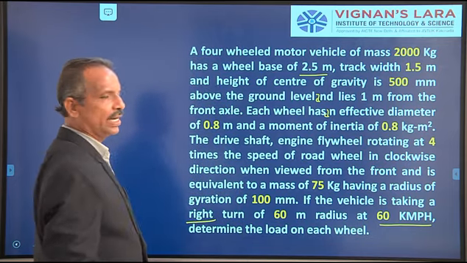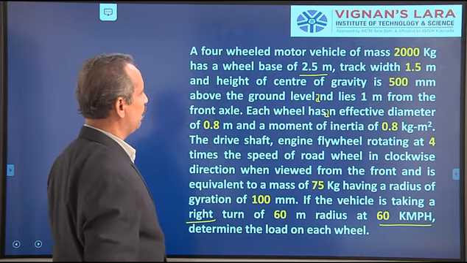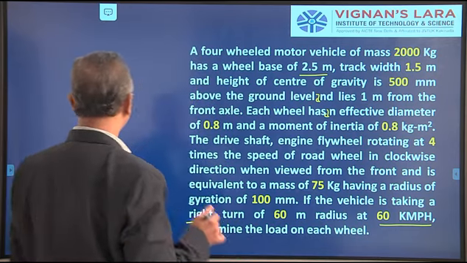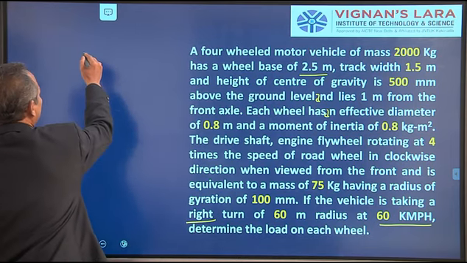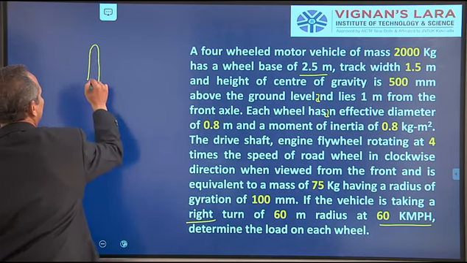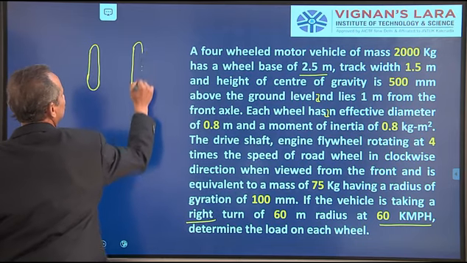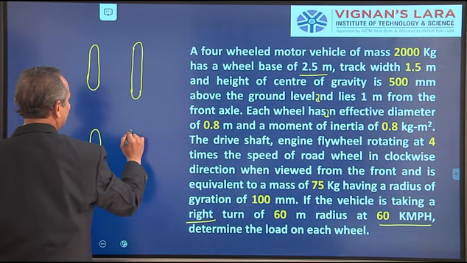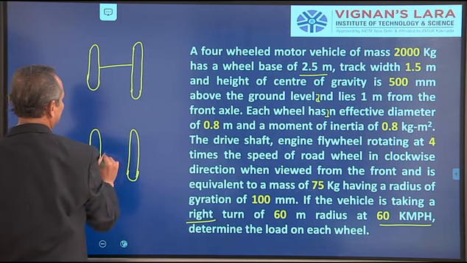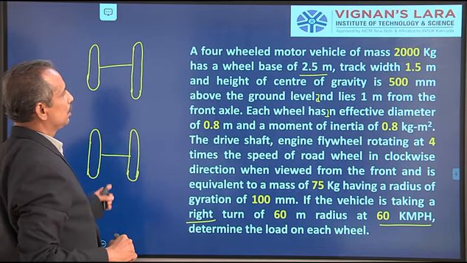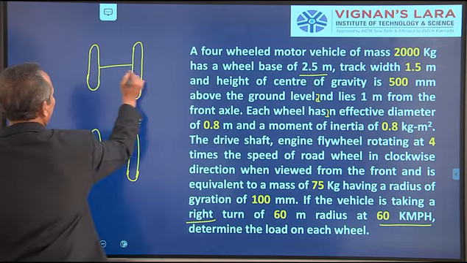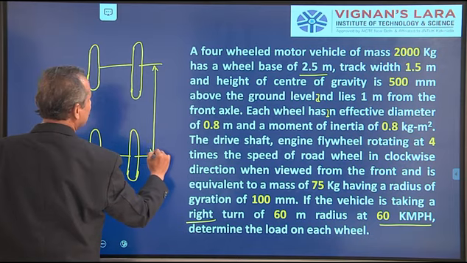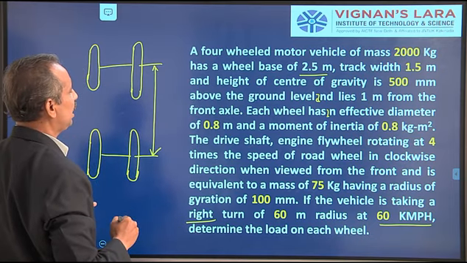So let me once again read the entire problem by stating the basic features. First I will draw the basic diagram which we require. This is the four-wheeler. Now I will define two terms, wheelbase and the width of the track.